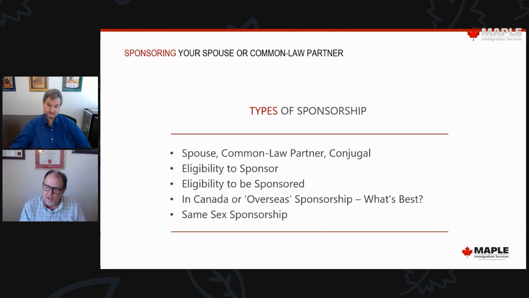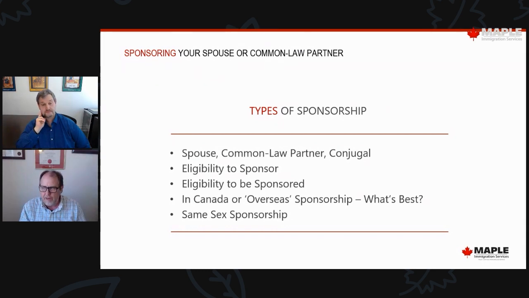In Canada means either both you and your spouse or partner are living here. And what that means is that you put in your application as an in-Canada sponsorship, but it has some advantages over an overseas sponsorship. One, it gives you the eligibility to apply for an open work permit.